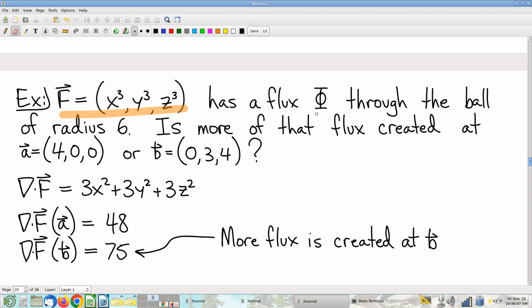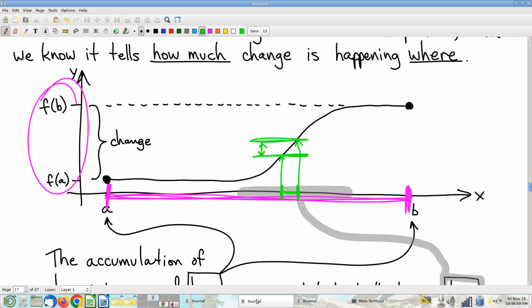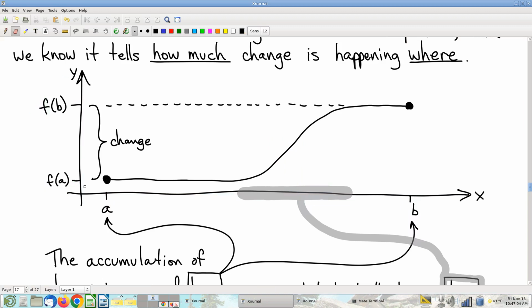Which of these points is creating more of that flux? Right? Is there more flux being created here? Is there more flux being created here? Reminder, think about single variable calculus. Okay, here's the fundamental theorem of calculus again.